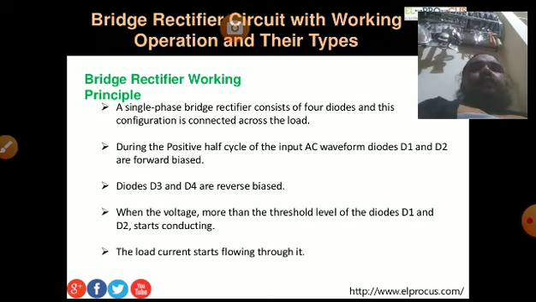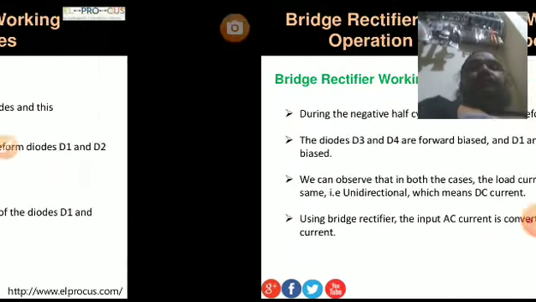During the positive half cycle of the input AC waveform, diodes D1 and D2 are forward biased and diodes D3 and D4 are reverse biased. When the voltage is more than the threshold level, diodes D1 and D2 start conducting and the load current starts flowing through them.